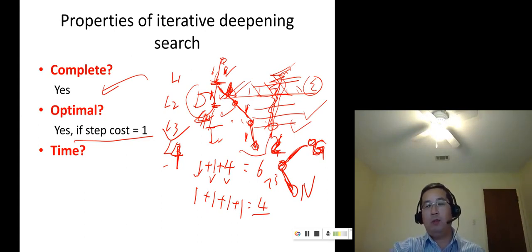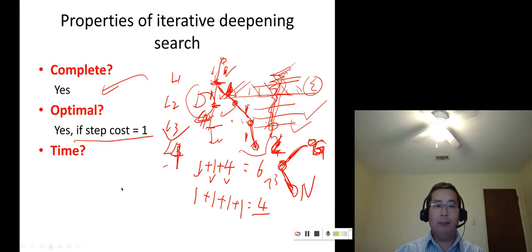Later we will talk about what happens if the step costs are not uniform, where uniform means they are the same. If step costs are non-uniform, which other algorithm can we use, we'll explain later. So here you just need to know it is yes for complete and yes for optimal, only on the condition that the step cost is uniform.